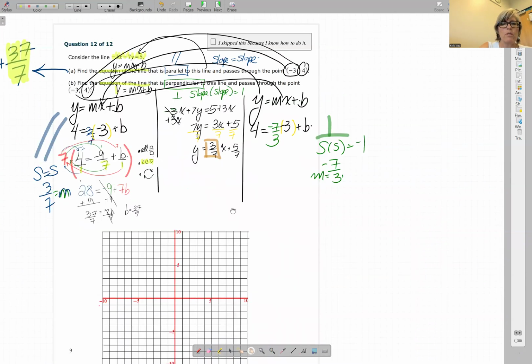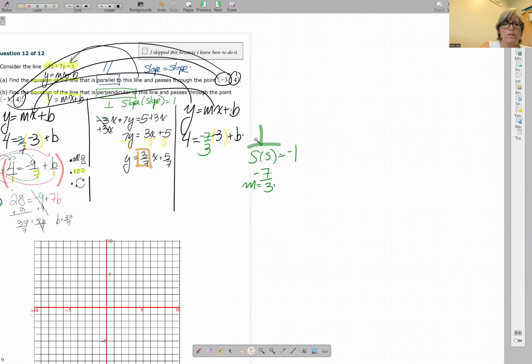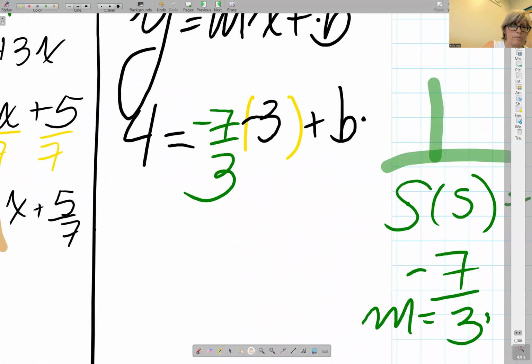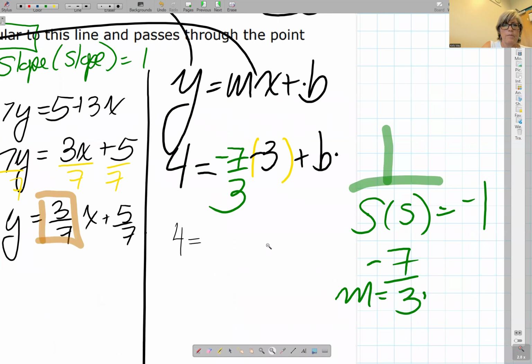Coming over here, math on this side's a little bit easier. This is 4. That's going to be -3 times -7, it's 21/3 plus b.